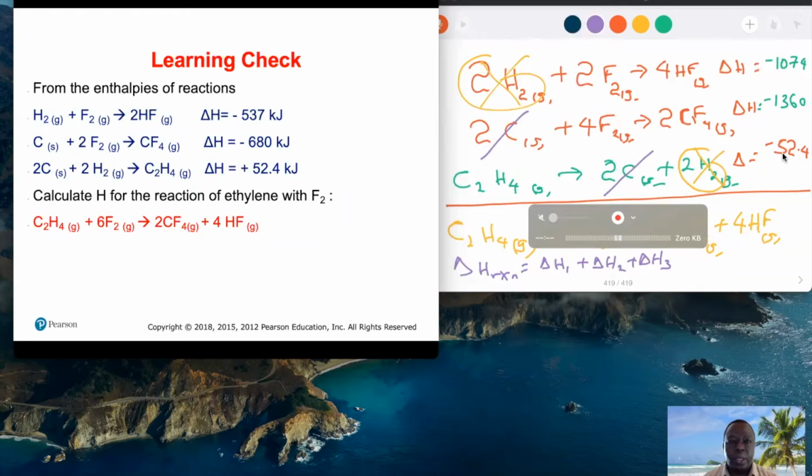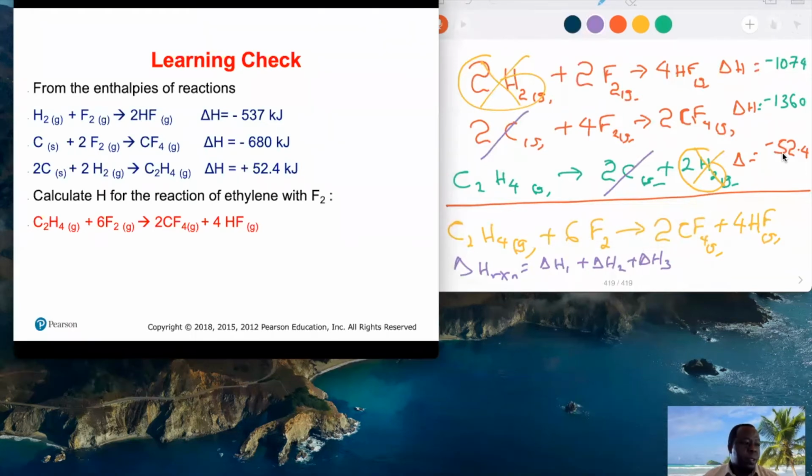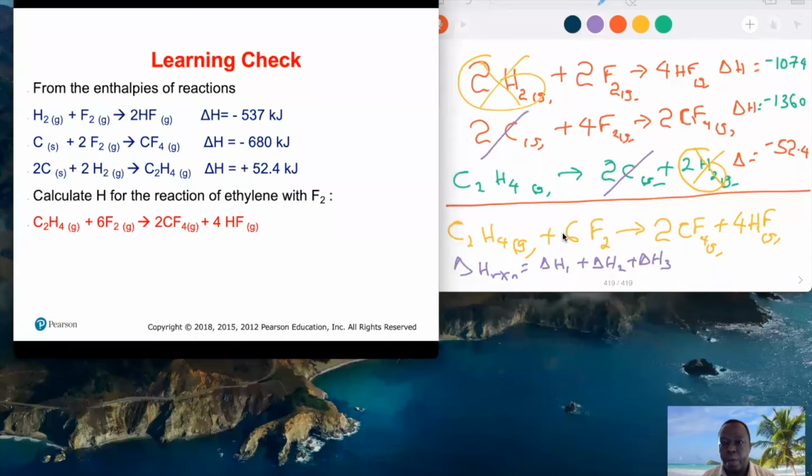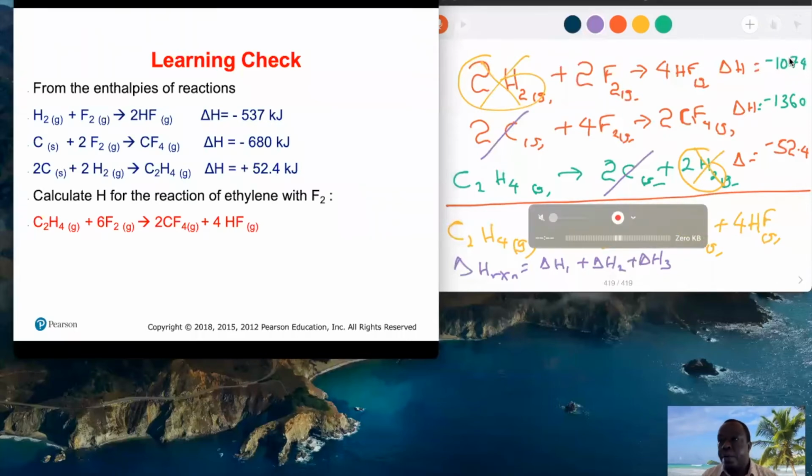You don't need to do anything. The trick lies in manipulating the equations such that you end up with the three equations. When you cancel out what looks exactly the same, you end up with the overall equation, and then you add what you have for the enthalpy of reaction for each individual equation.